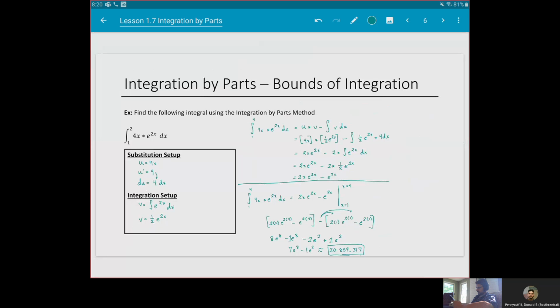1 to 2. Come on, calculator. No, we did not. So I must have messed up somewhere along the way, because my calculator did not give me that answer.